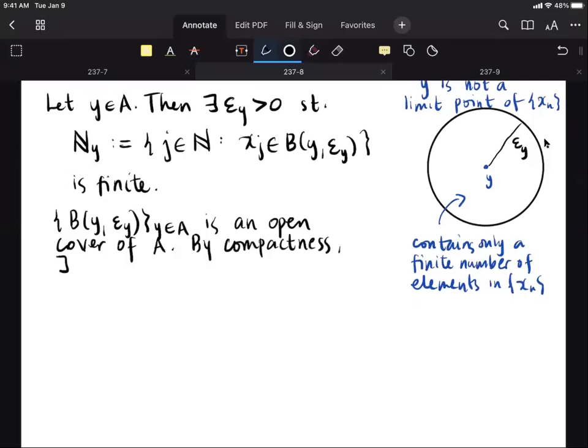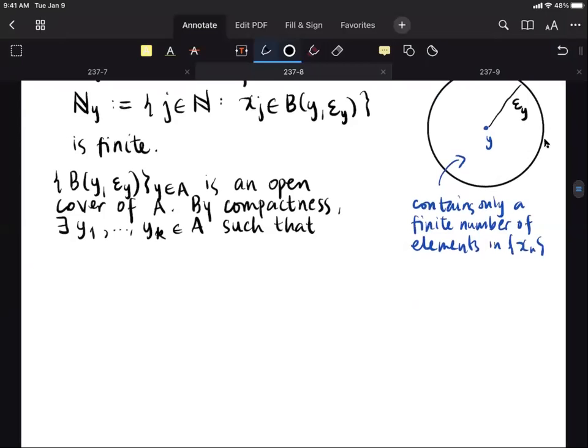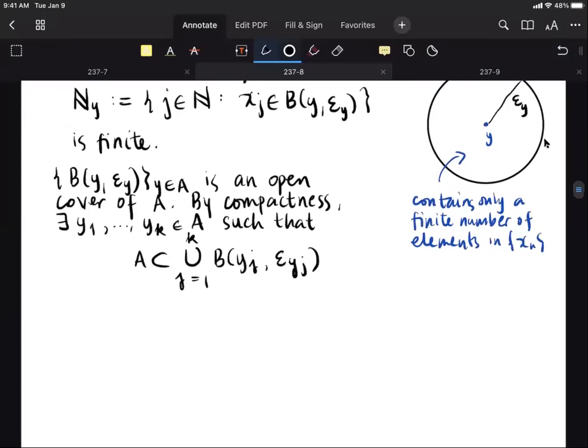So there exists, let's say, y1 up to y sub k in A, such that A is covered by the union of the balls centered at y sub j, epsilon y sub j, j from 1 to k.